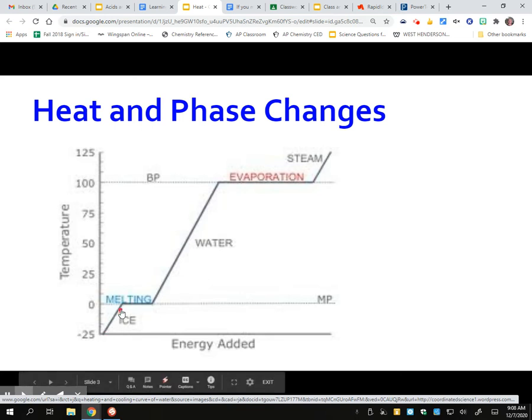And we also discovered during that time that we could figure out the state of matter something was in based on where a particular point was on the heating and cooling curve, and that when we went through a phase change, the temperature did not increase. So when we're talking about phase changes, we're talking about these parts right here, where even though we're adding heat, our temperature is not going up.